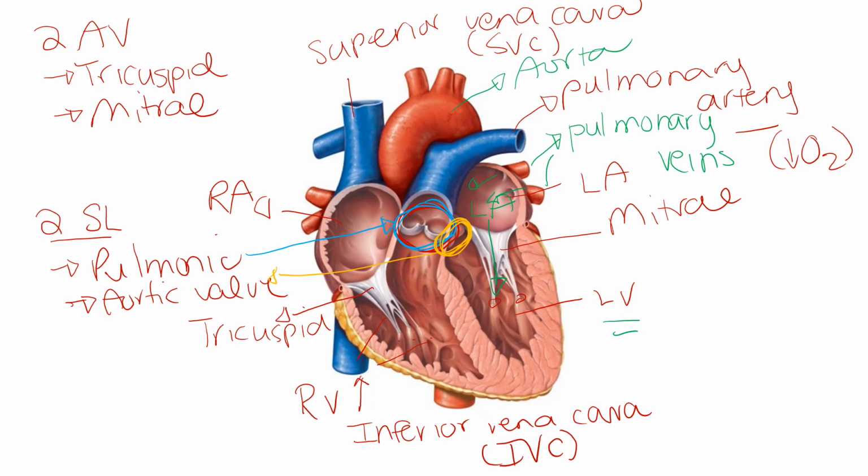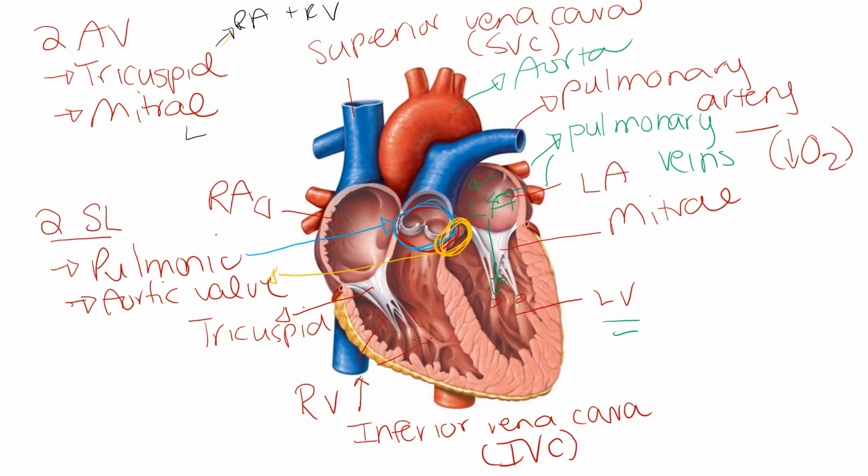So it's really key. Just take a minute to review these two atrioventricular valves, or AV valves, and these two semilunar valves, understanding their anatomical location and where they're placed. So just to recap, the tricuspid valve is between the right atrium and the right ventricle of the heart.